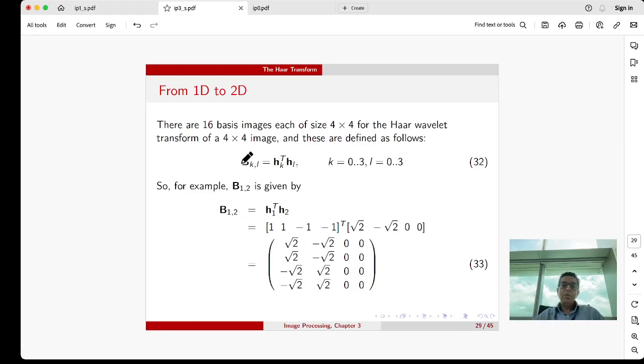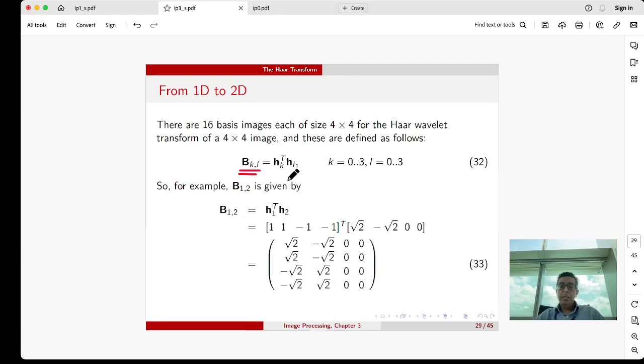So that means you construct your basis images. Here we are using the notation we used earlier for the simple introduction to doing two-dimensional transforms, by defining this idea of the basis image. So here is the way that our basis images are defined, where k takes values 0 to 3, and L takes values 0 to 3. And to construct each BKL, you take this outer product here.